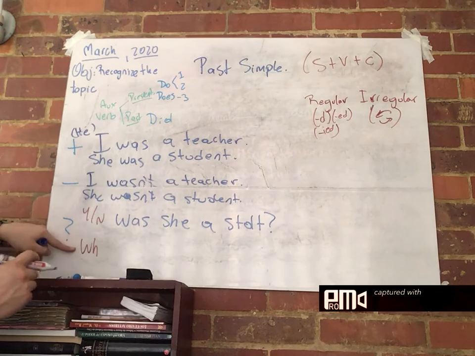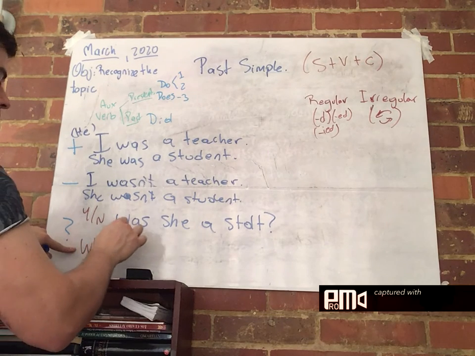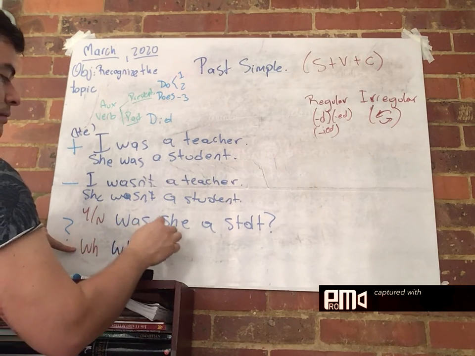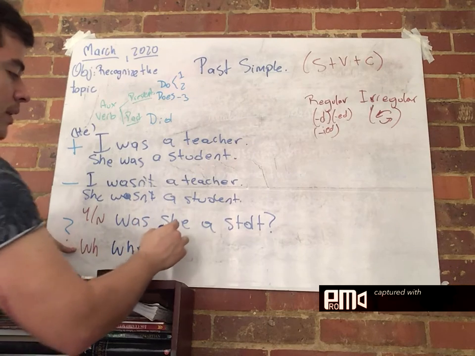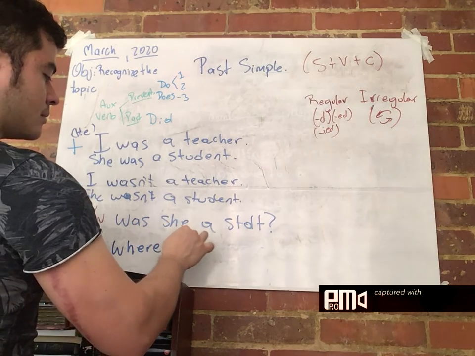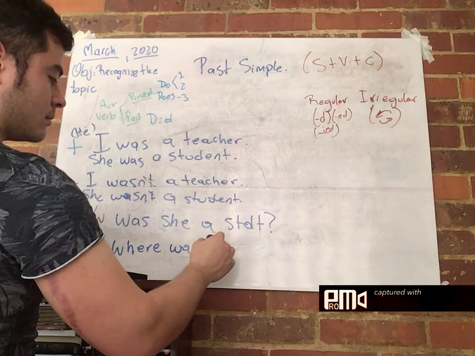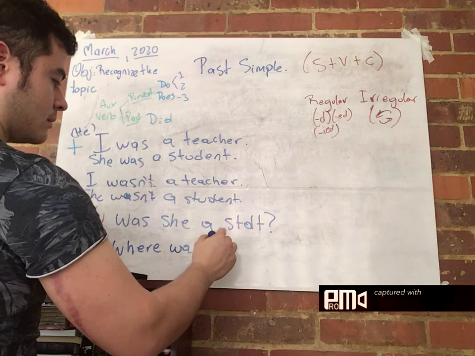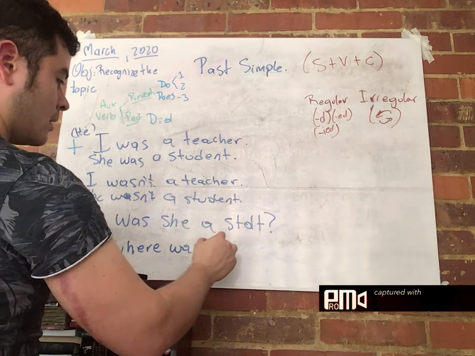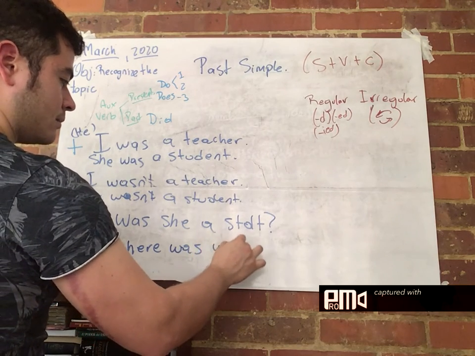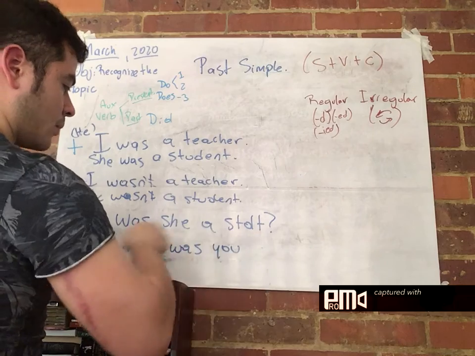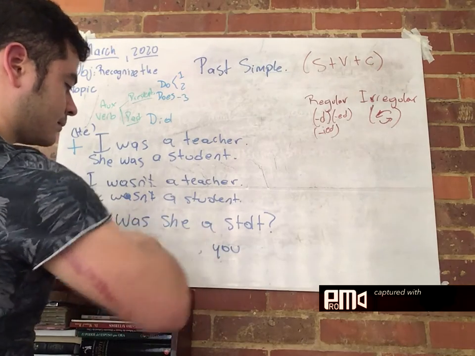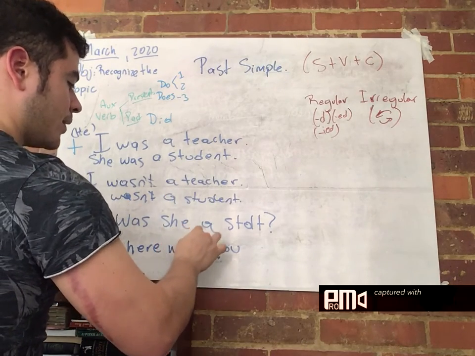In a WH question: where were you? Sorry, where were you?